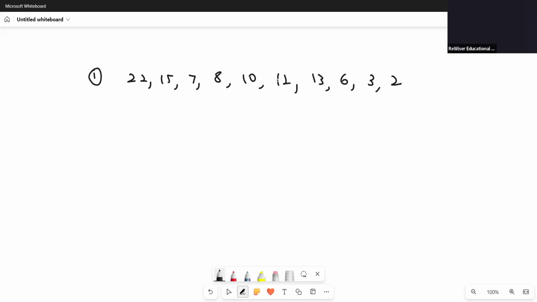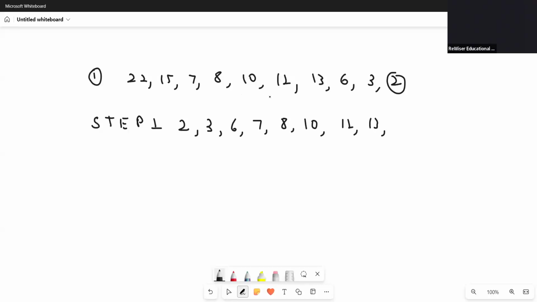First of all, we have to arrange all of these numbers in ascending order. So step 1 is arranging these numbers in ascending order. Start from the lowest one and move on to the highest one. So it's 2, 3, 6, 7, 8, 10, 12, 13, 15, and finally 22.